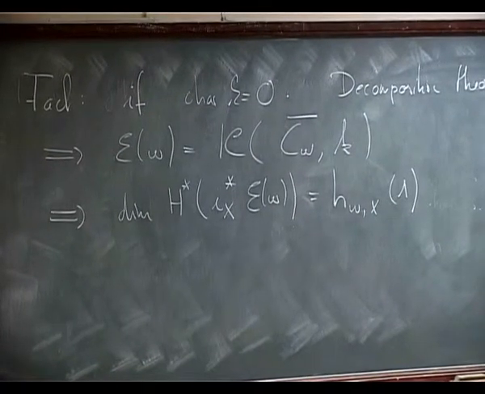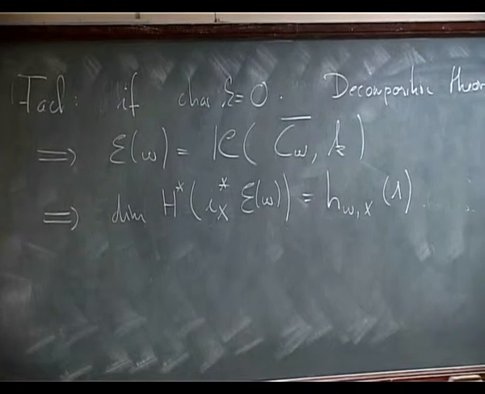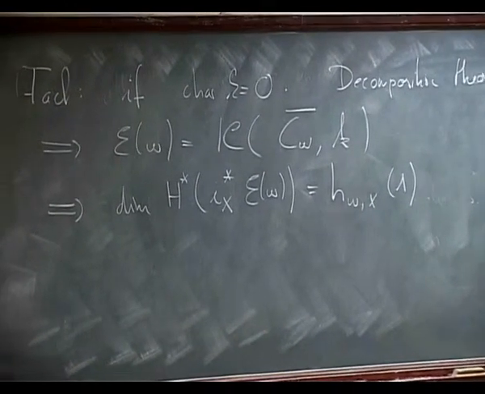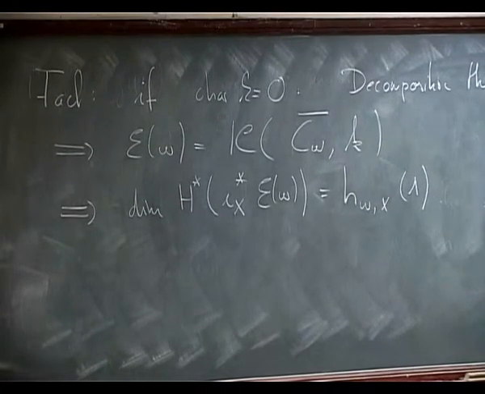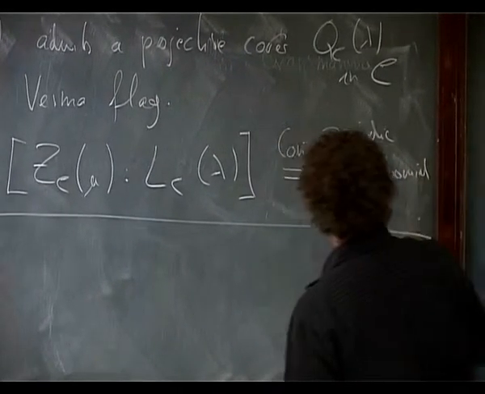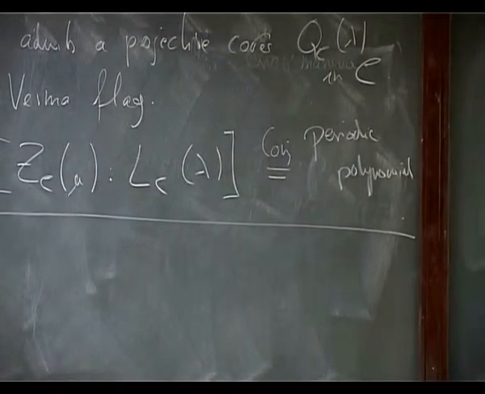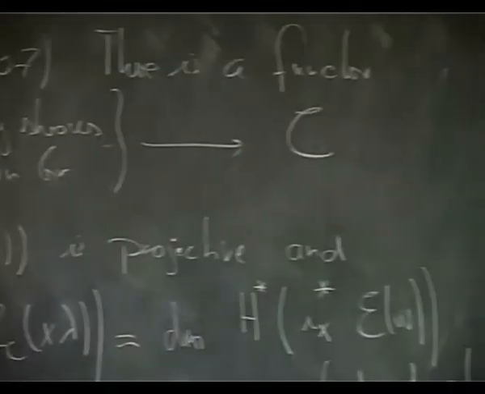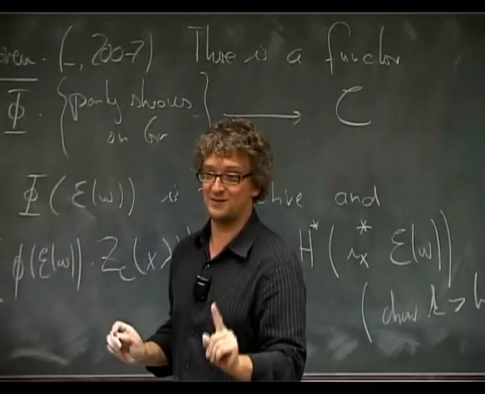So the conjecture here was that this is given by a periodic polynomial. It's quite funny that in the relevant cases, this polynomial is not the same as the polynomial appearing here, but if you evaluate it at 1, it's the same.